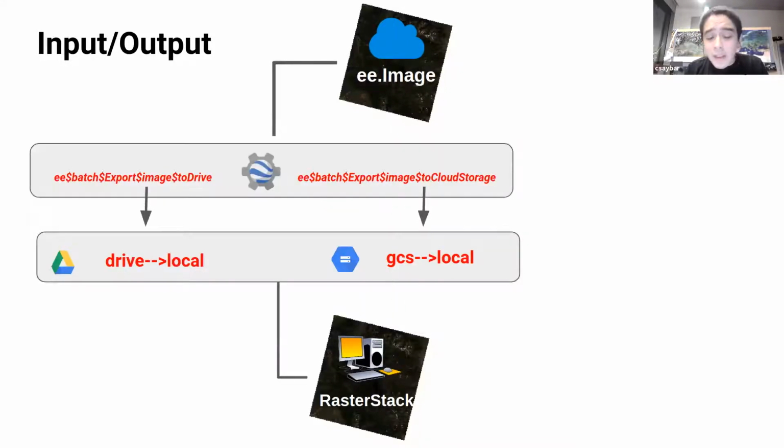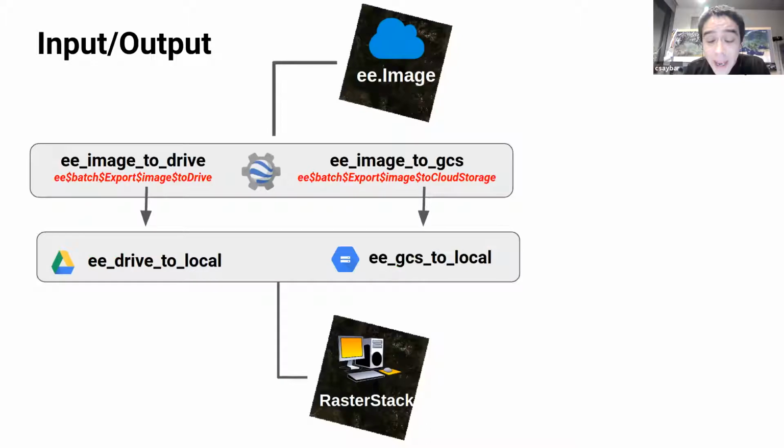So in Python, unfortunately, in Google Earth Engine, we just have functions to move this image to intermediate containers like Google Drive and Google Cloud Storage. And if I want to move this image from Google Drive to our local environment, we need to develop some kind of function. That's the problem.